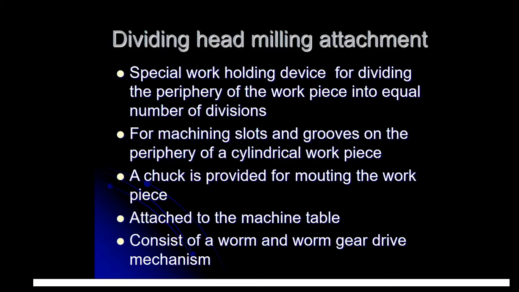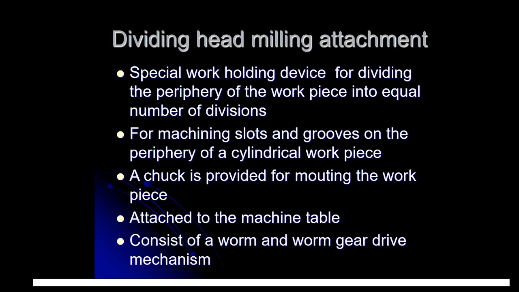Next is a dividing head milling attachment. They are also special work holding devices for dividing the periphery of the workpiece into equal number of divisions. And they are used for machining slots, helical grooves on the periphery of a cylindrical workpiece at equal spacing.